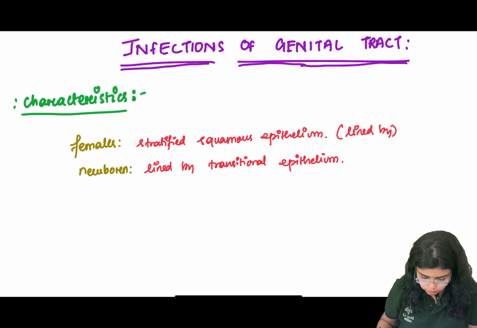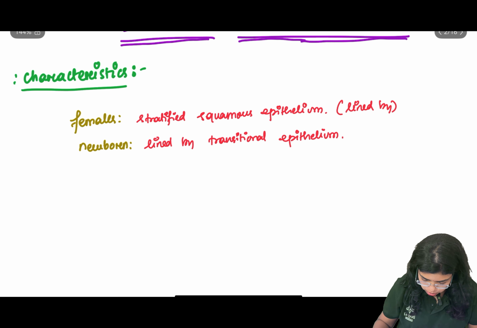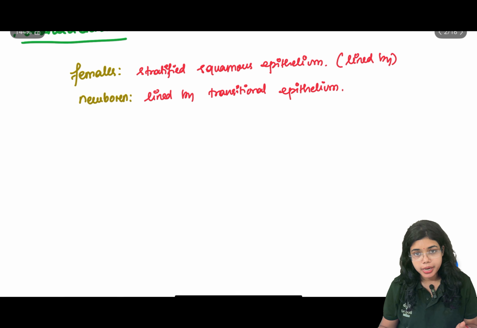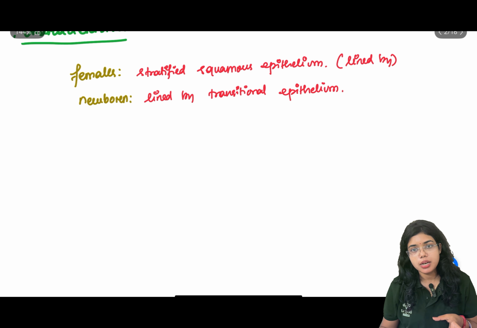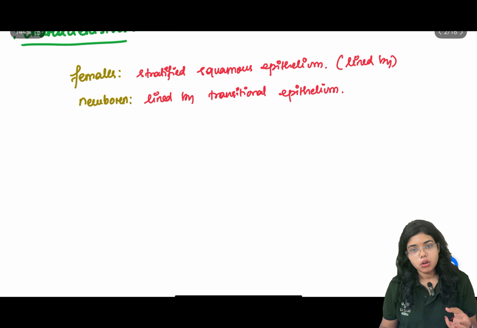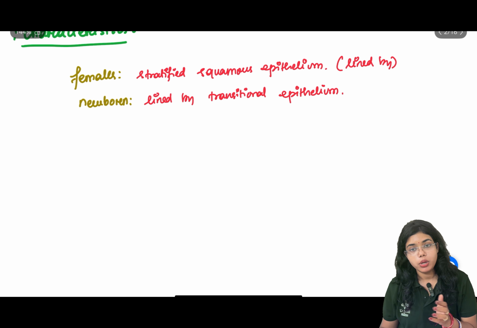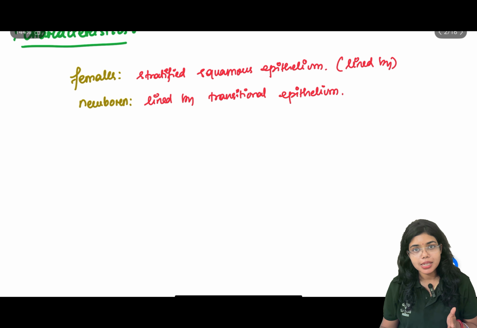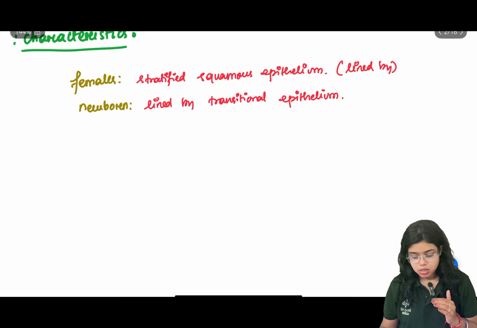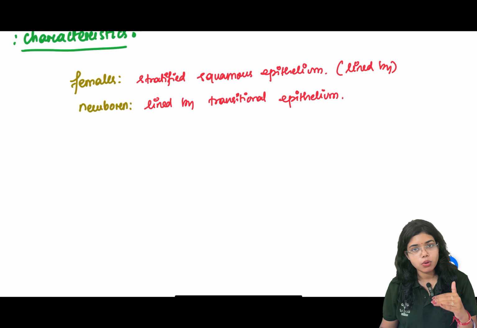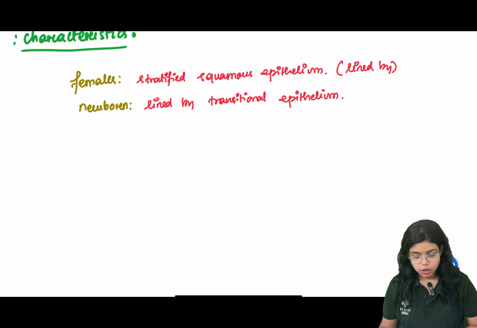What does stratified squamous epithelium do? As there are multiple layers, it acts as a barrier or protective layer to prevent organisms from invading the vagina. Stratified means there are multiple layers of squamous epithelium, so this stratification helps prevent organisms from entering the basal layer of the vagina.